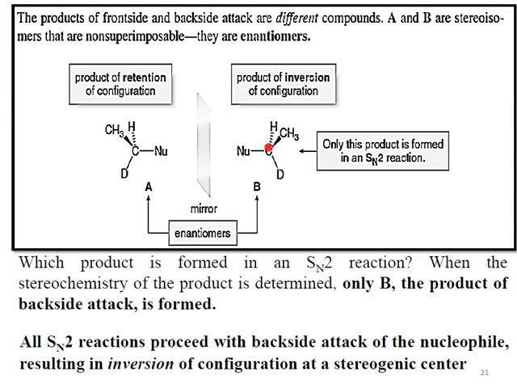Okay, A and B are stereoisomers that are non-superimposable. Non-superimposable means they cannot be placed on top of each other. If you put this on this, it will be a mirror image. This is exactly a mirror image of this. Okay, they are enantiomers, stereoisomers like this.